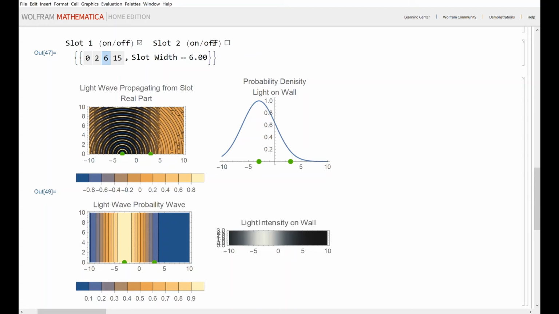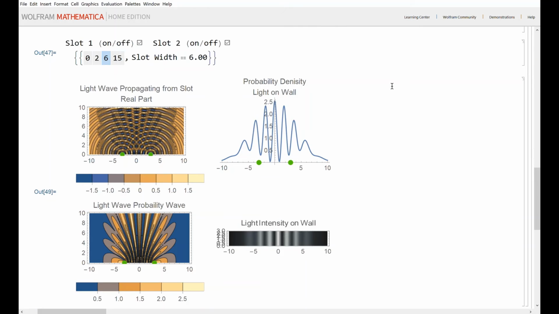And now we are going to turn on our second aperture to see what happens. And let's give it a second to think, and hopefully we'll get a good interference pattern here. Yes, this is exactly what we want.